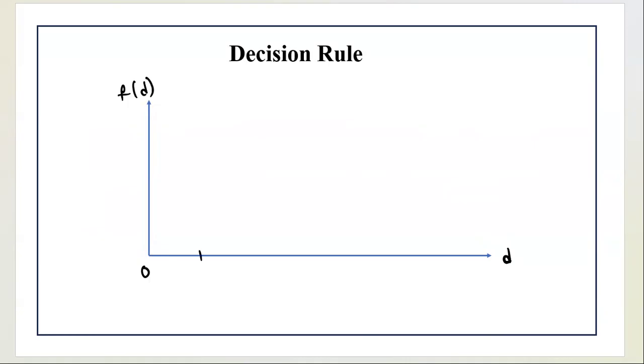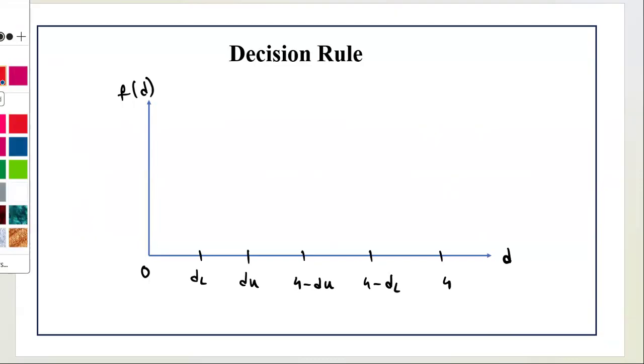Suppose this is dl, the lower bound that we consider. Suppose this is the upper bound. Suppose this is 4 minus du. Suppose this is 4 minus dl. And suppose this value is 4. Later on we will prove that this D statistic value always lies between 0 and 4.